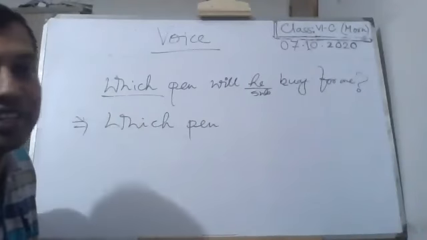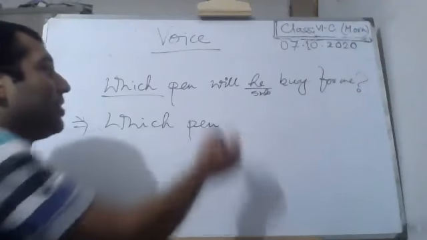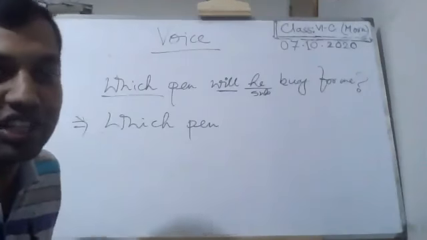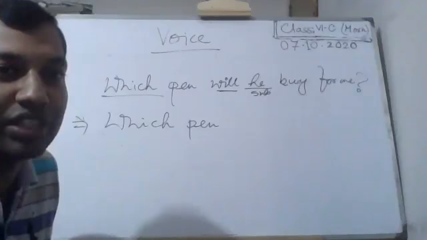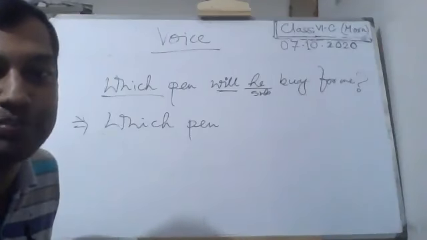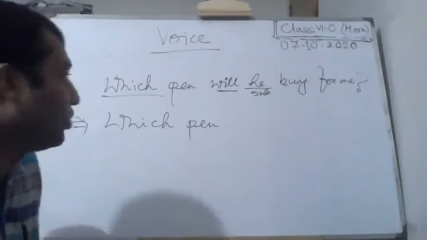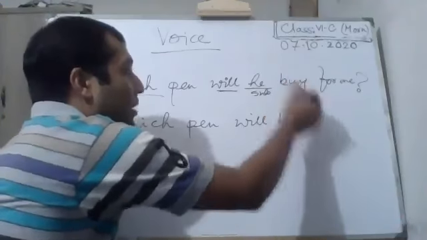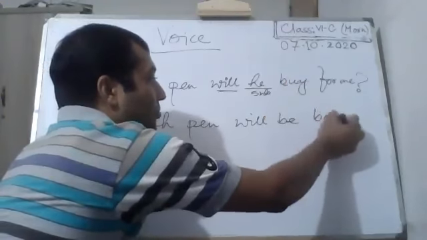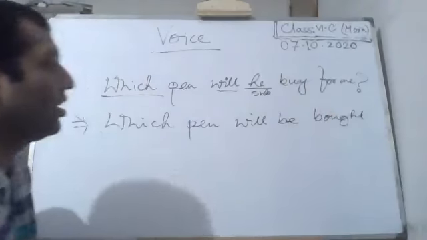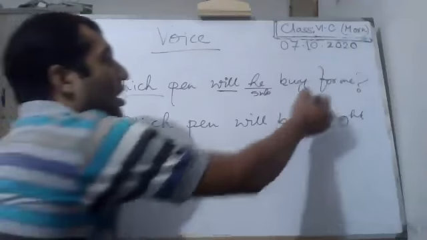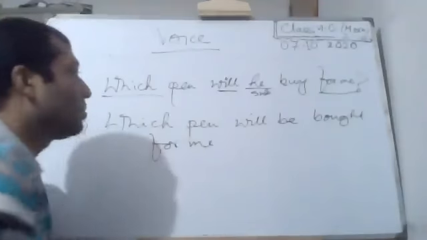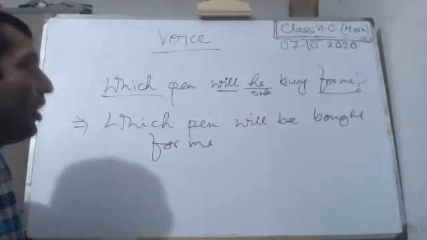This is future indefinite tense, or there is the presence of the modal auxiliary will. We know if we see any modal auxiliary, the modal auxiliary will be used, and after that we have to use an extra word, that is be. So which pen will be bought? And the next one, for me. Which pen will be bought for me?